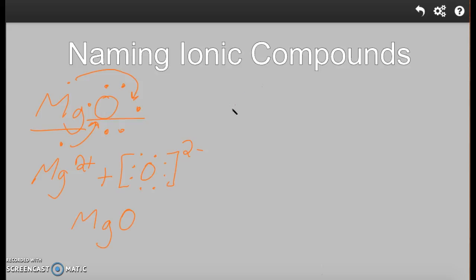Now the faster way to do this is magnesium, then you write what the charge of a magnesium ion is, and then oxygen with the charge of an oxygen ion, and then draw an arrow down, and write it, Mg2.